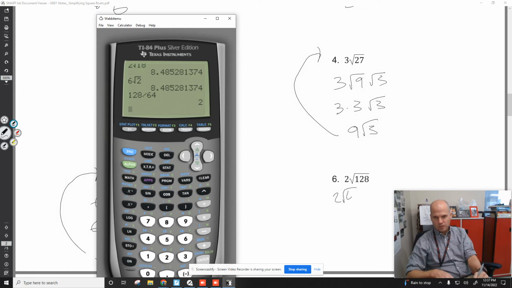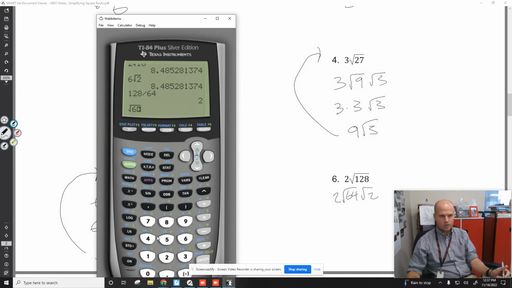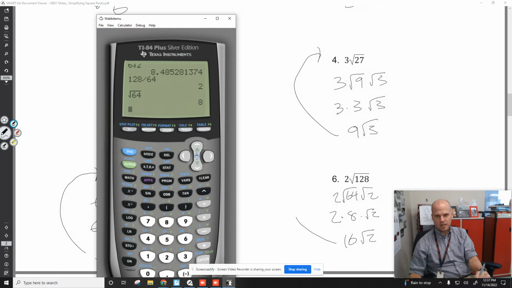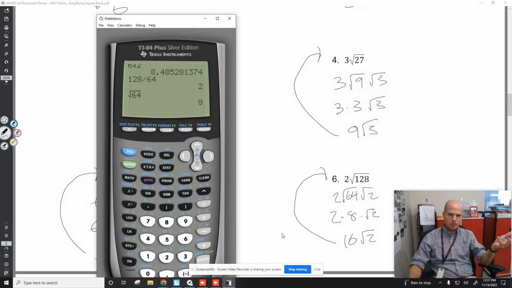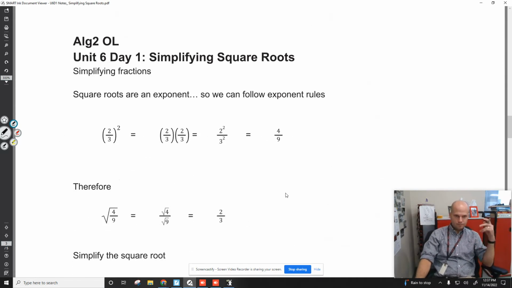So now be careful. 64 times 2, you can take the square root of 64. This is the whole like undoing a square. 8 squared is 64. So this is 2 times 8 times root 2. 2 times 8 is 16, 16 root 2. Plug that into your calculator. It's the exact same thing as plugging 2 root 128 into your calculator.